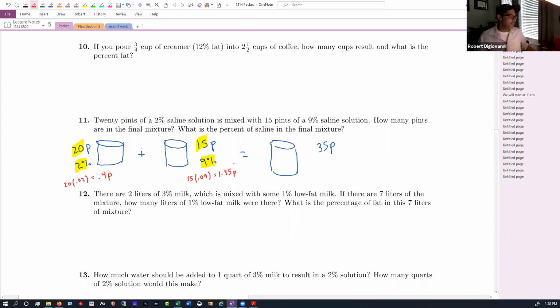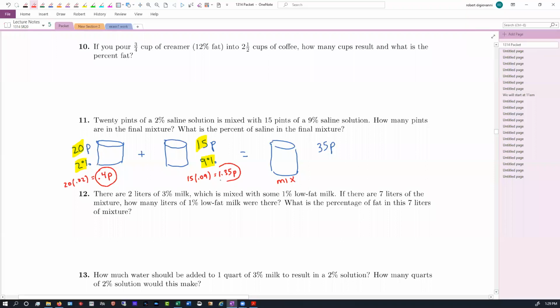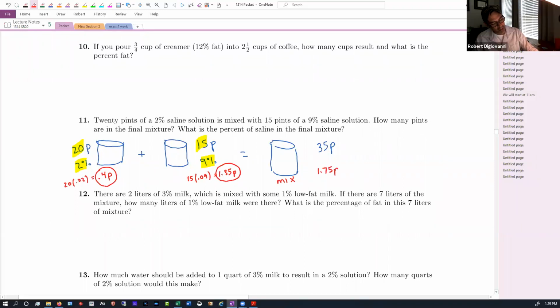So how many pints of salt are in the mixture? So in this mix over here, how many pints of salt do we have? Just add these up, right? 1.75. Okay, we have 1.75 pints of salt. Now that's not a percentage, right? What we now need to figure out is the percentage of salt in this mixture, so we have to do the part over the whole.